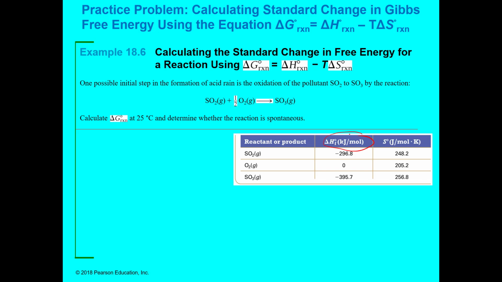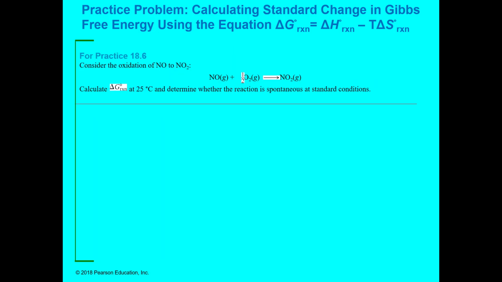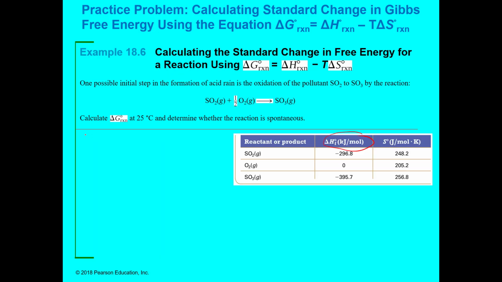So the first thing I'm going to do is I'm going to calculate the delta H0 of the reaction. All right, and so in the delta H0 of the reaction, I've got my delta H's, and then I'll have a place for my delta S's.